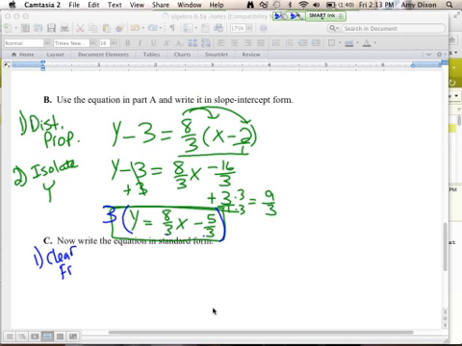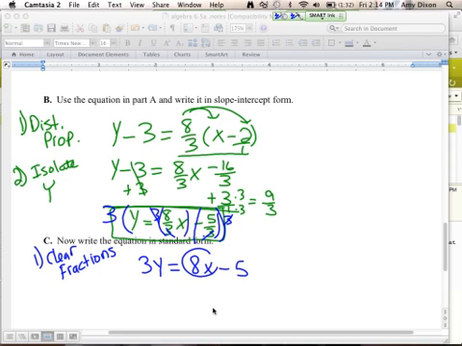We'll have 3y equals 8x minus 5, because when we multiply everything by 3, it cancels out the denominators, and we're left with just the 8x and the minus 5. And on the left, we didn't have a denominator of 3, so we still have the 3.